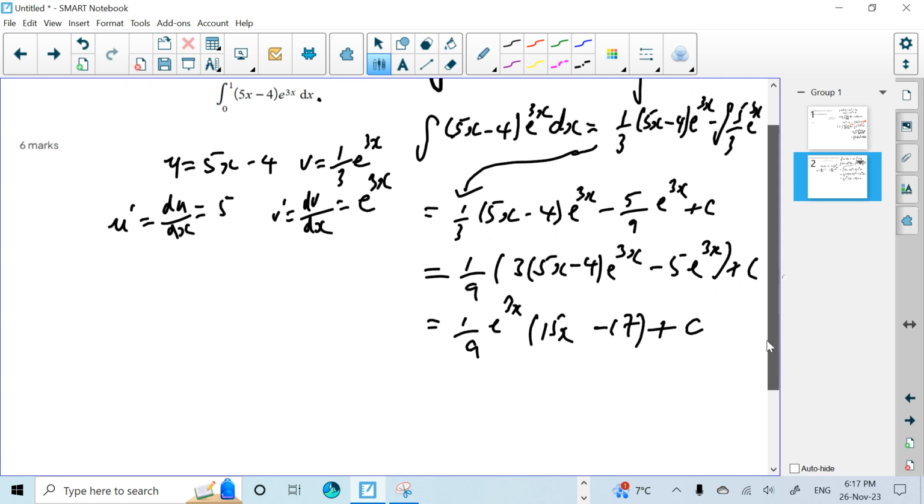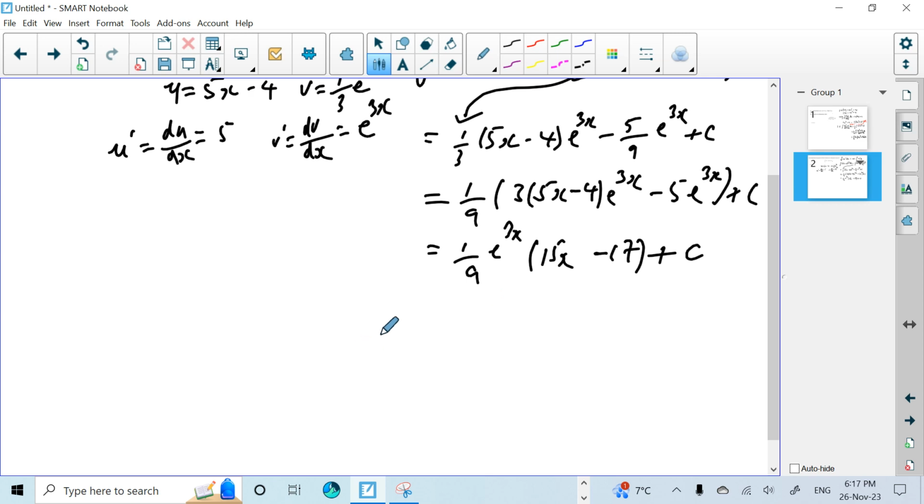So the integration with limits, let's call it I, is equal to the integral with limits 1 and 0.